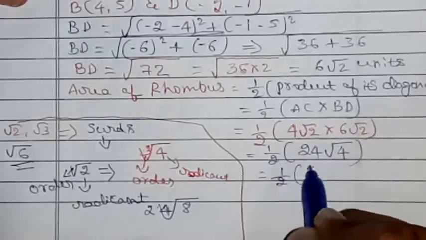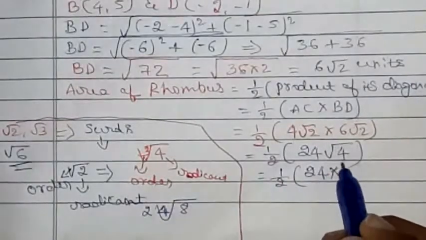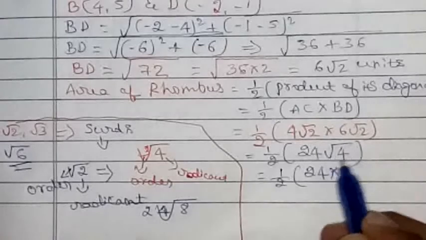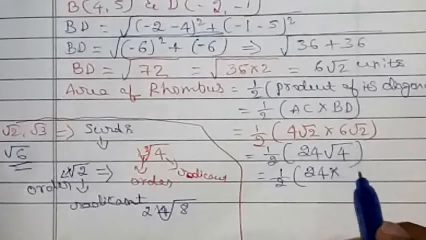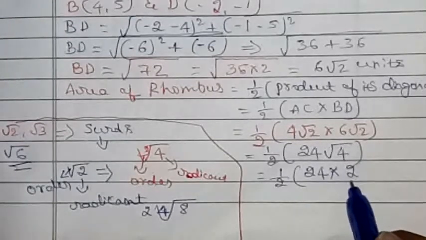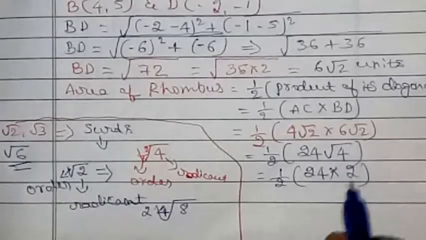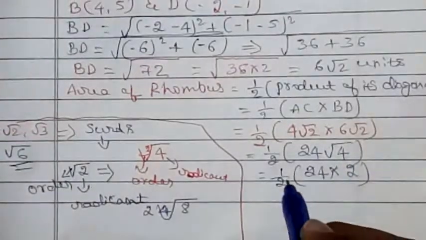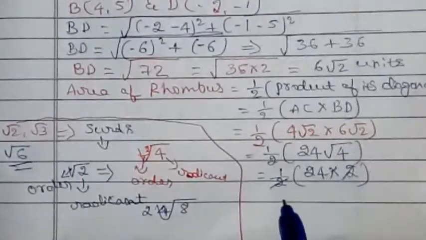into, now 24 into, so here you are having a value of root 4, nothing but what is the square root of 4? So square root of 4 is nothing but 2. Root 4 value is 2. So therefore I'm taking out the square root. So square root of 4 is 2. Right? Now just here make a cross multiplication. Nothing is there means 1. So therefore 2 gets cancelled. Now what is the answer?